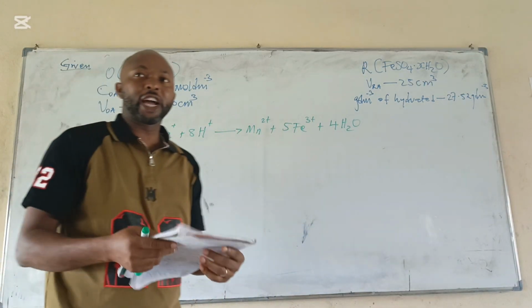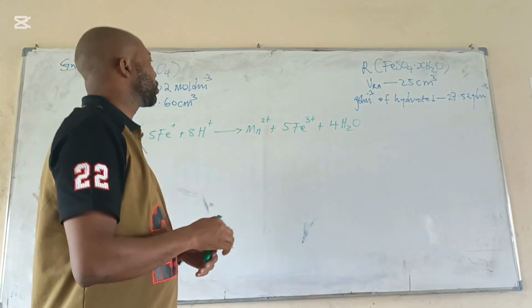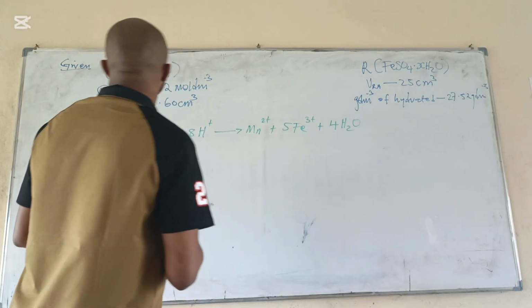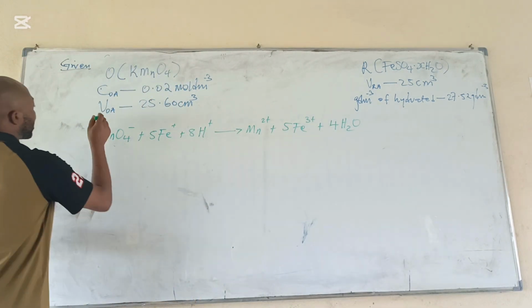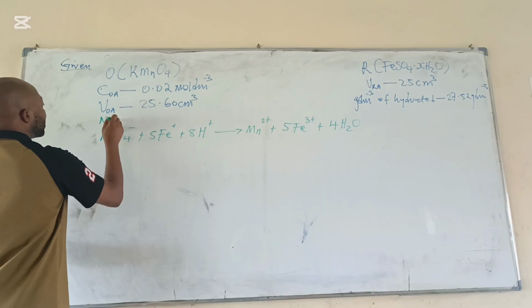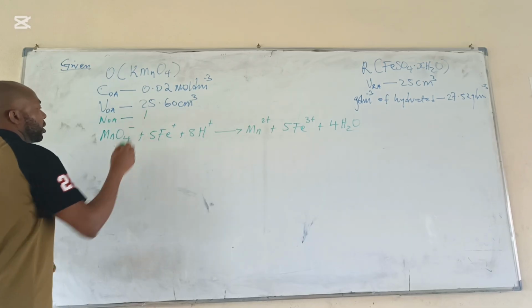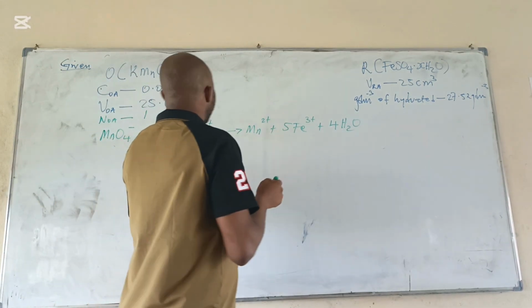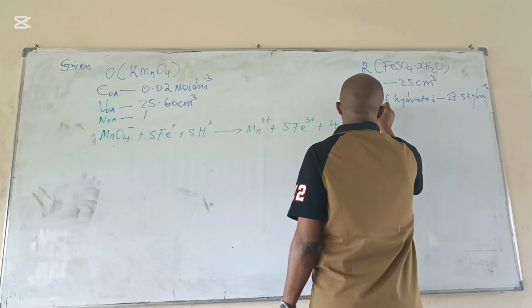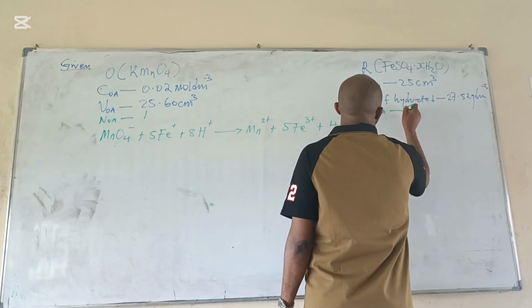So from the equation of reaction given here, we'll be able to know the number of moles. The number of moles of oxidizing agent is 1, while the number of moles of reducing agent is 5.